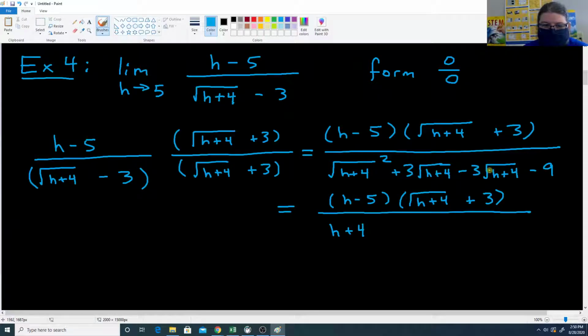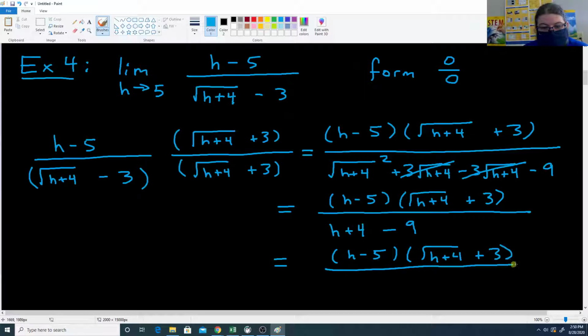Those will cancel, and we'll be left with a negative 9. So we get h minus 5 times the quantity square root of h plus 4 plus 3, all over h plus 4 minus 9, which is h minus 5.